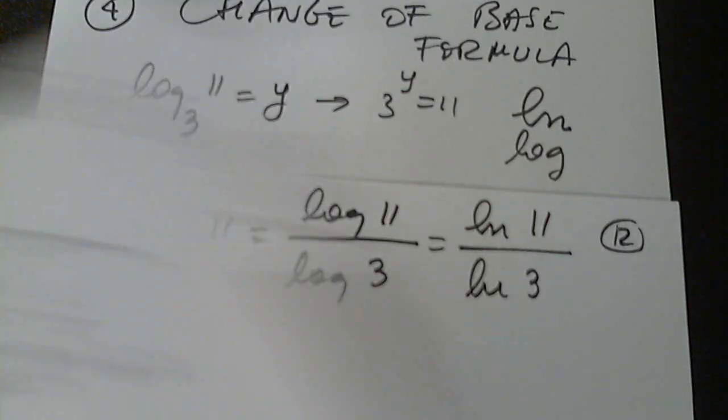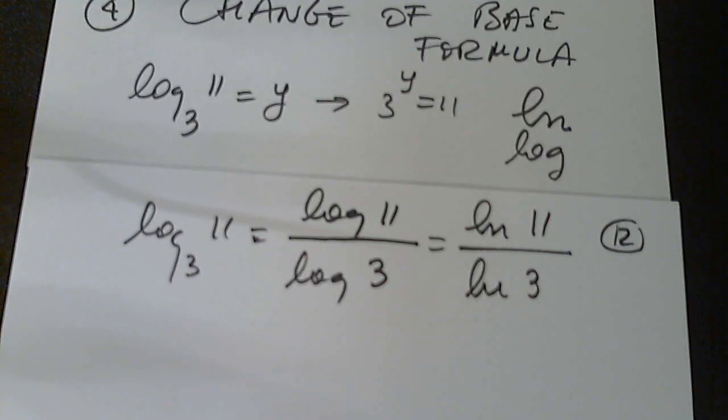So let's take a look. Natural log 11 divided by natural log of 3. This number has to equal the same log of 11 divided by log of 3.